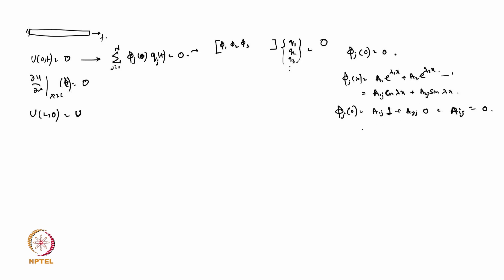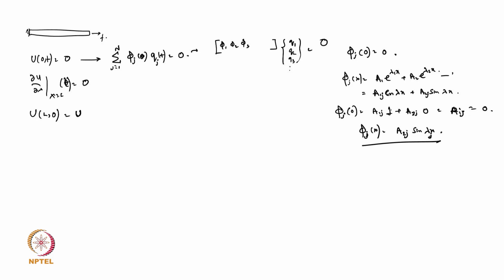So a1j is 0, and your function becomes a2j sin lambda x. Or sorry, that will be lambda j, so that lambda will also be changing. Yes, so lambda j.